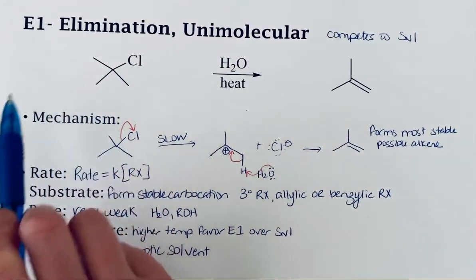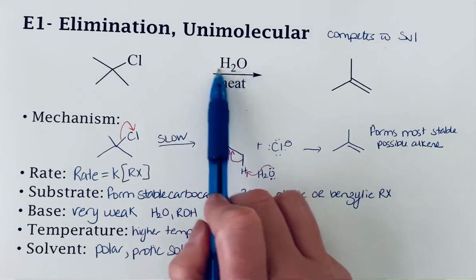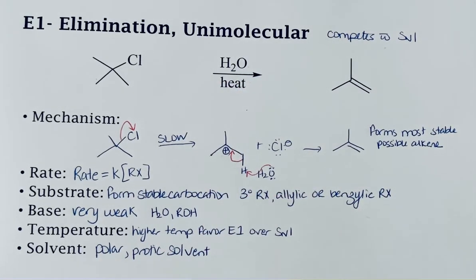The key example of an E1 reaction that you will see will be in the next chapter, and that's when you have an alcohol and you're dehydrating it, removing water under acidic conditions. So this is neutral. You'll see that under acidic conditions. You will not see an E1 reaction under basic conditions. Under basic conditions, you will see the bimolecular, the E2 reaction.